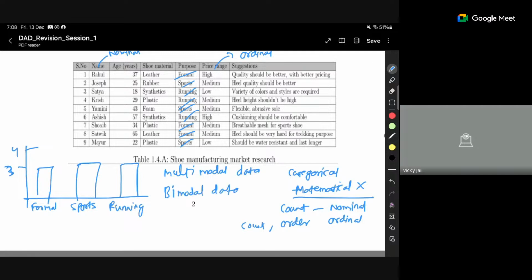More than two is multimodal. Usually single-mode data is what we just call mode. Mode is based on counting, so you can find mode using this count. Median is based on ordering. Mean is a mathematical operation; you need summation of it, which is required for finding the mean.